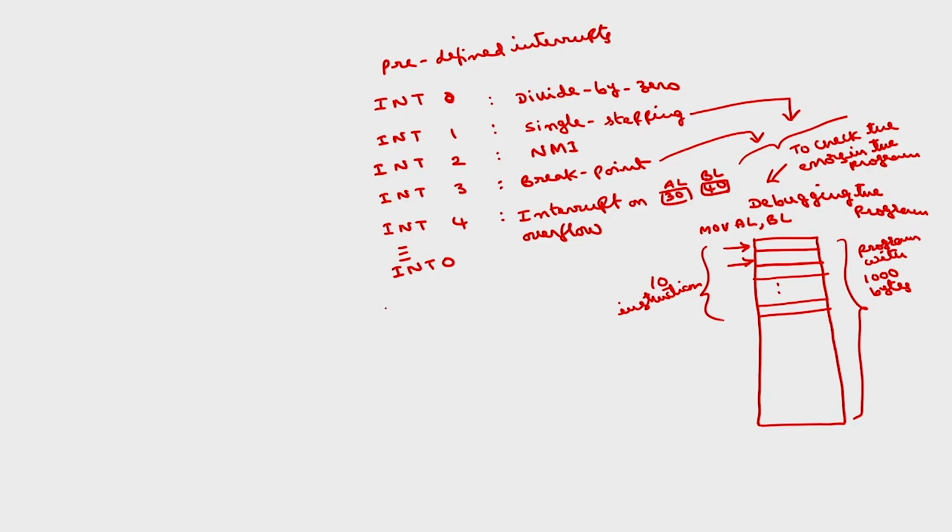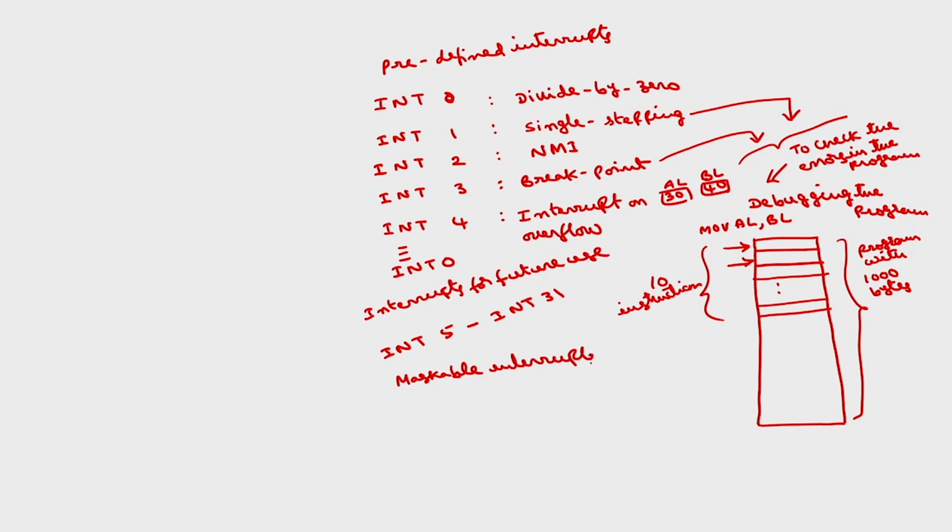Then we have some interrupts, INT 5 to INT 31, which are used for future purposes by Intel. And the remaining interrupts, INT 32 to INT 255, can be used as maskable interrupts.